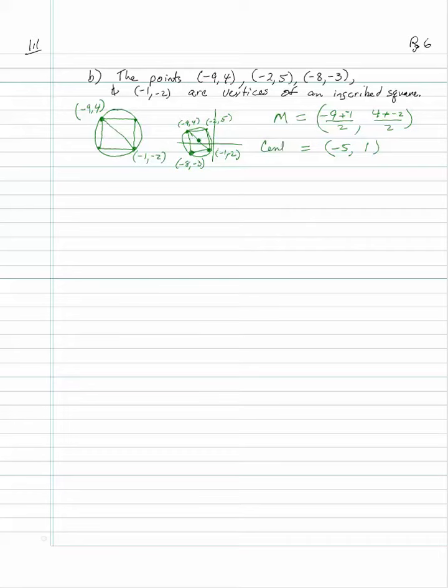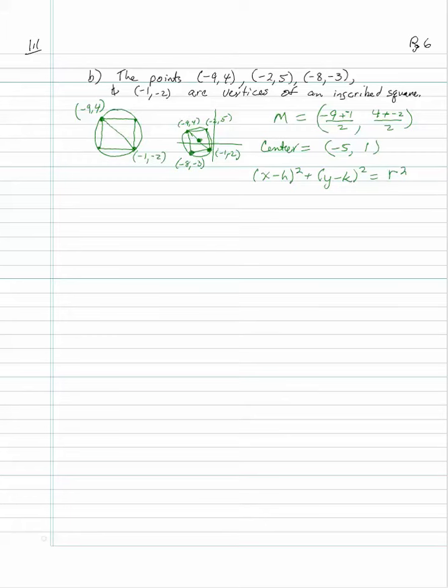Okay, that's your center. Now the next thing we've got to do is figure out the distance, the radius. Remember, the radius is the distance from the center to any point on the circle. So you can just use the circle formula: x minus h squared plus y minus k squared equals r squared. Because remember, this is really the distance formula.